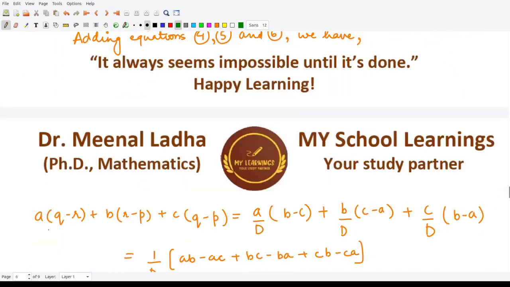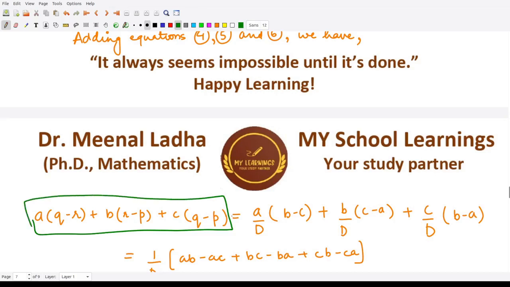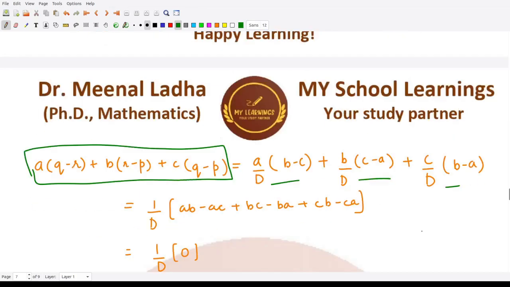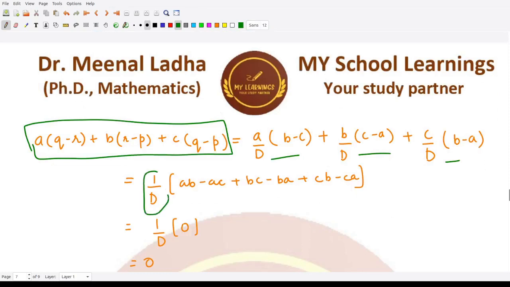Once you add, you have this as the left hand side of what you wanted to prove, and here you have these terms. You can take 1 by D as common because it is appearing in each term, and you can multiply the terms within the brackets, so that you would have ab minus ac, then bc minus ba, then cb minus ca.